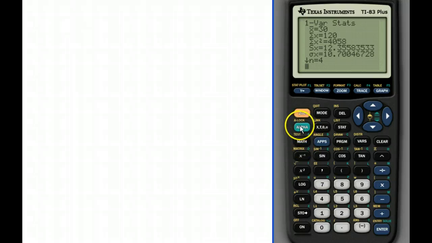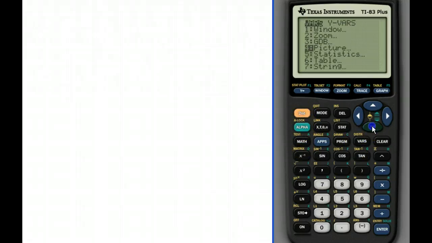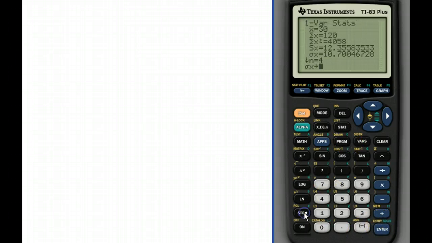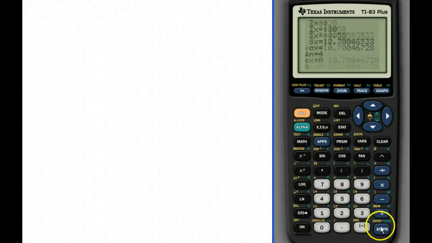Now I'm going to go into VARS, come down and tell my calculator to go to statistics. Here's that standard deviation, and I'm going to store that as A. So A on my calculator is now that number.